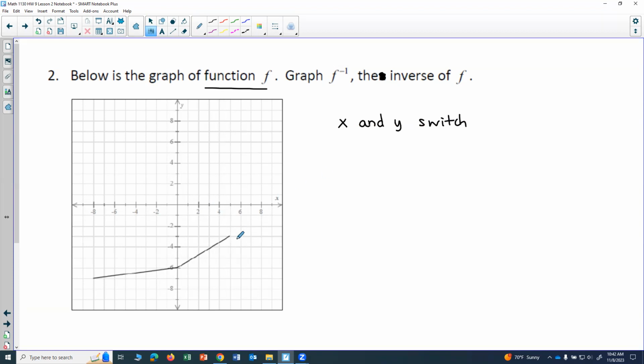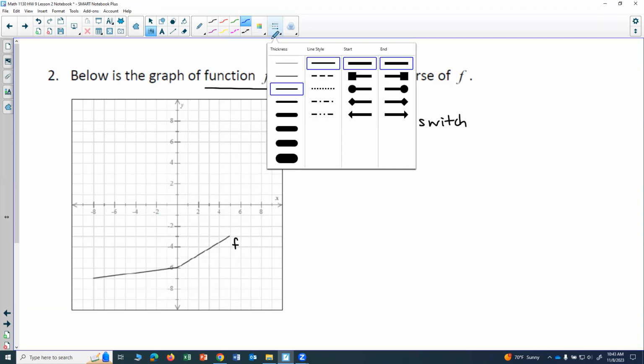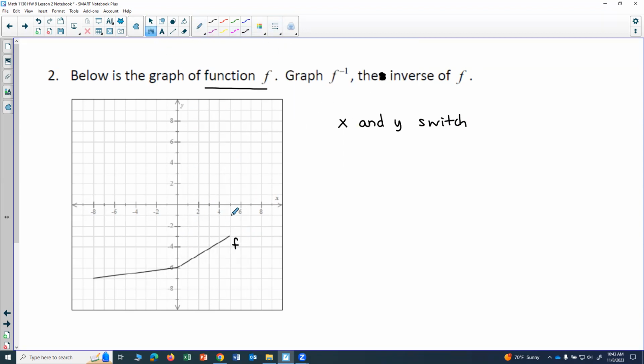Okay, so f is in black here. Let me grab a different color to do the inverse. And let's look at the ordered pairs here. On f, I have the ordered pair (5, -3).